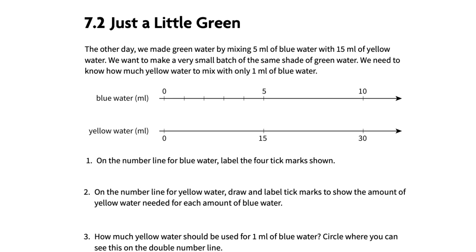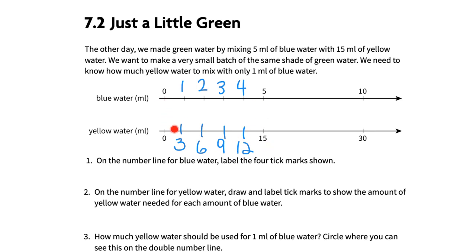So for every 1 blue, there are 3 yellows. If we have 2 blues, that means we're going to have 6 yellows. If we have 3 blues, we're going to have 9 yellows. And 4 blues, then we're going to have 12 yellows.